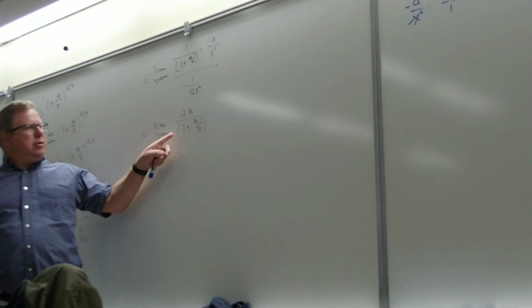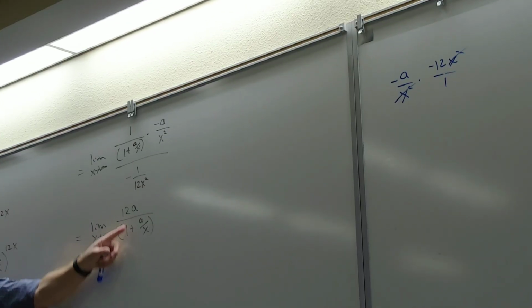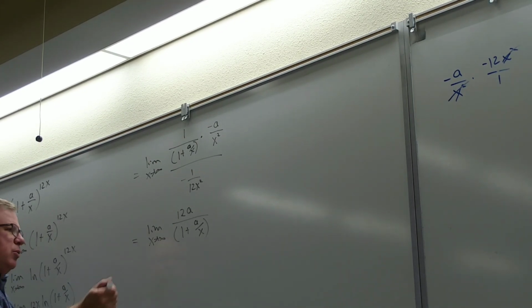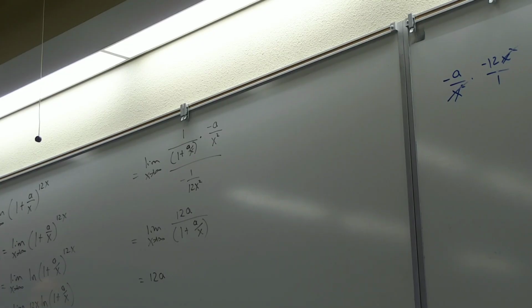Now, x is going to infinity, so a over x is going to 0. So all we have in the denominator here is 1. A is a constant relative to the limit, so this equals 12a. But remember, natural log y equals 12a.